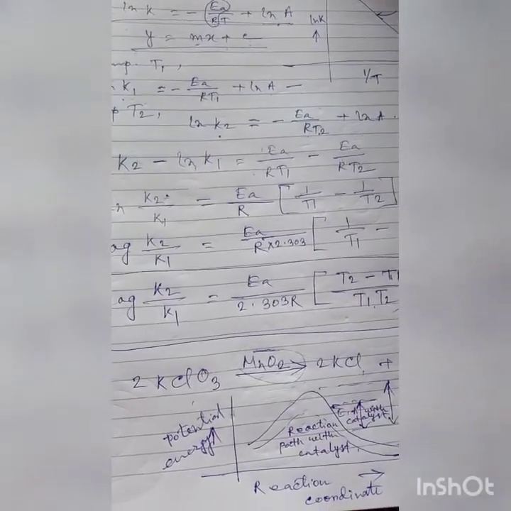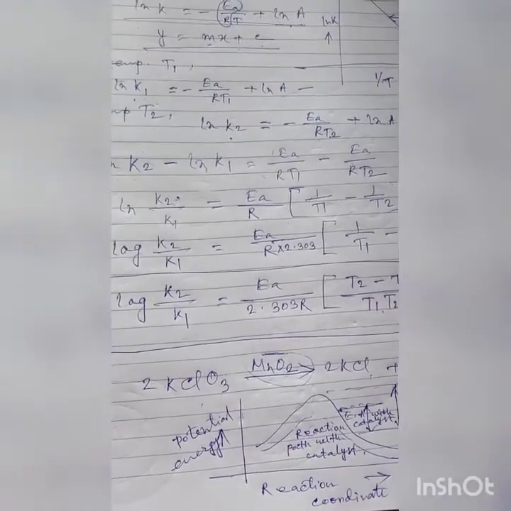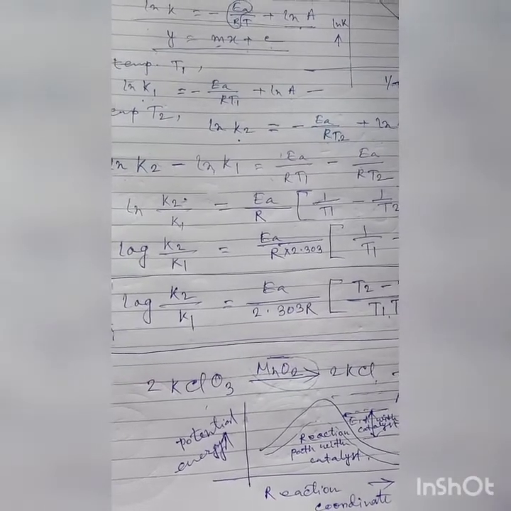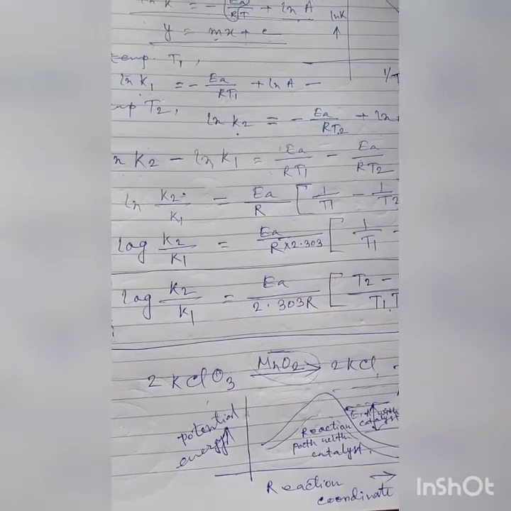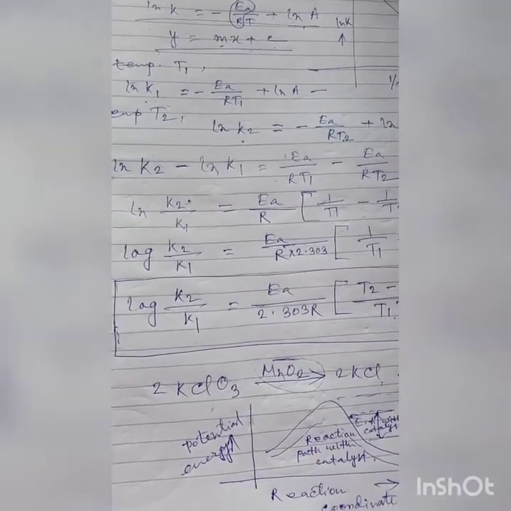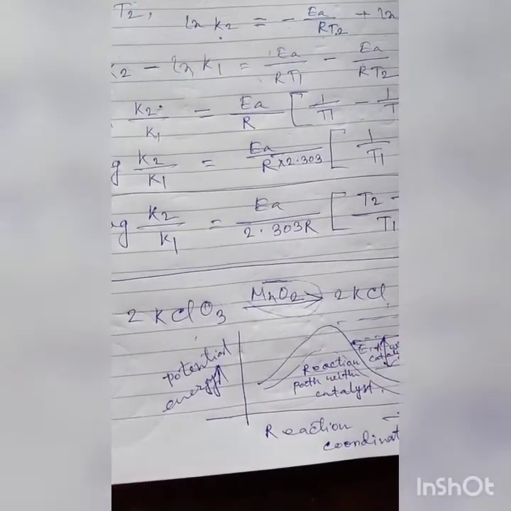Rather, it helps in attaining the equilibrium faster. That is, it catalyzes the forward as well as the backward reaction, so the equilibrium state remains the same but is reached earlier.